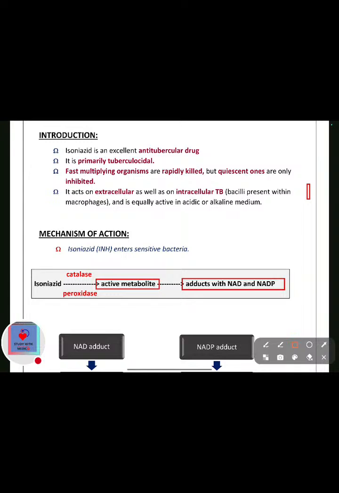Adducts means it joins them, NAD and NADP.